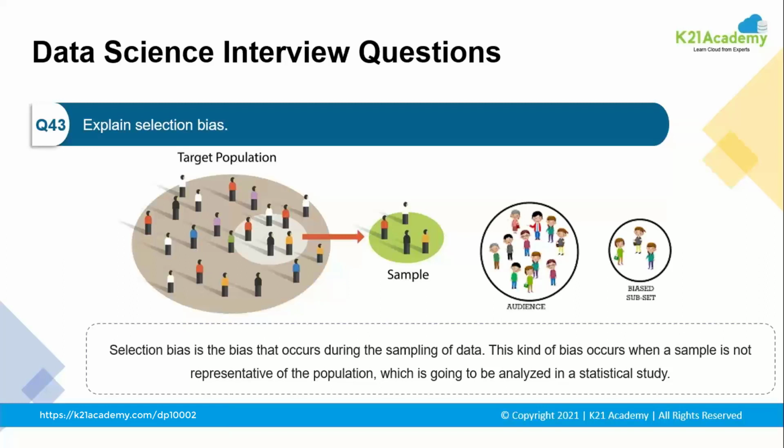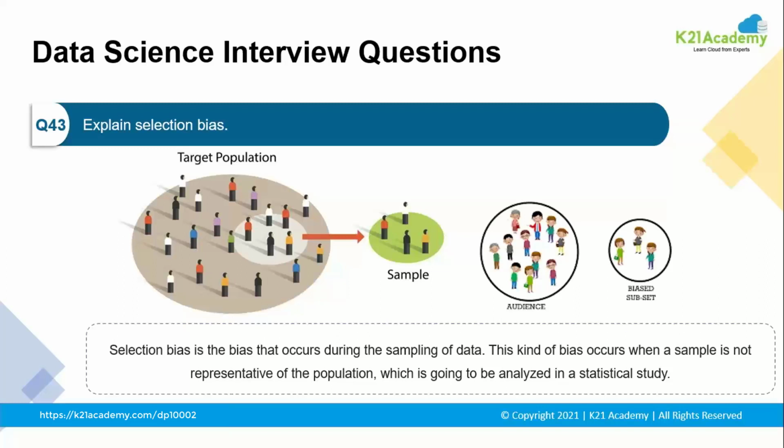Sampling basically means picking a small set of values at random that represents those 1,000 records. Now you have sampled your data in such a manner that it has haphazardly taken some random values. Obviously sampling is random, but it has taken those values which don't represent this data set. So this is called selection bias.